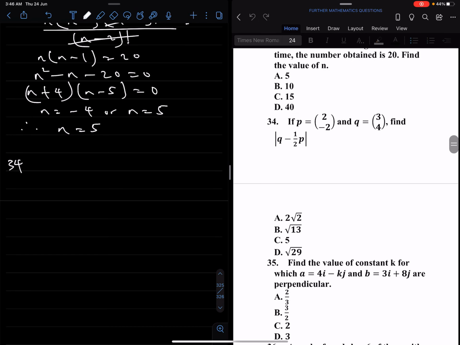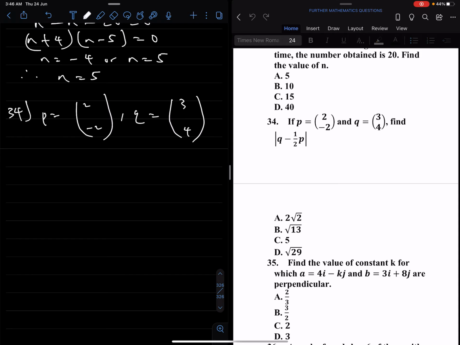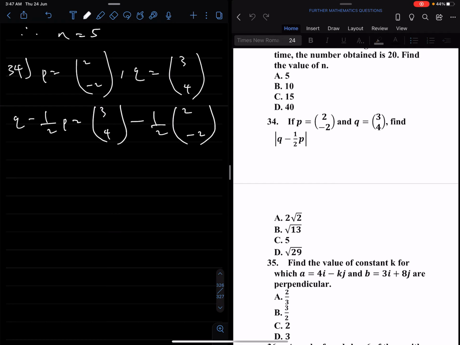Number 34, if P is the vector 2, minus 2 and Q is the vector 3, 4, find the modulus of the vector Q minus half P. Let's find the vector Q minus half P first, and that's going to be 3, 4 minus 1 over 2 times P, which is 3, 4 minus half times 2, which is 1, and half times minus 2, which is minus 1.